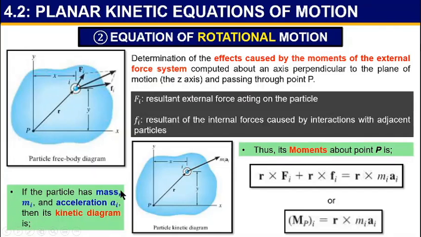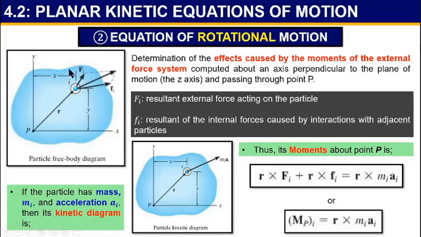If the particle has mass m and acceleration a, then its kinetic diagram is this one. This is the particle kinetic diagram. mi ai is actually from these two forces, we have large F and small f. These two forces represent this value m times a.